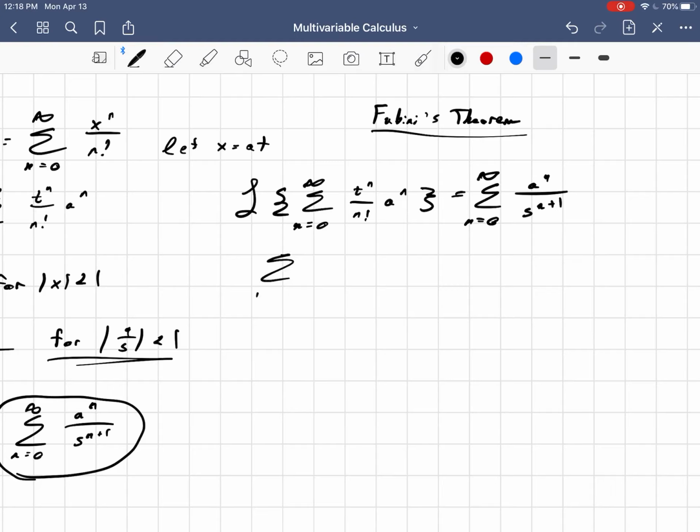So what I can do by Fubini's theorem, and you can research this more if you like, is turn the left side of my equation into sigma n equals 0 to infinity of 1 over n factorial times the Laplace transform of t to the n times a to the n.